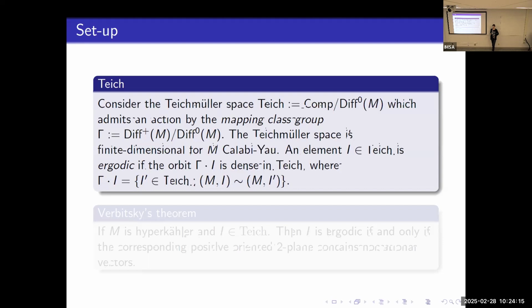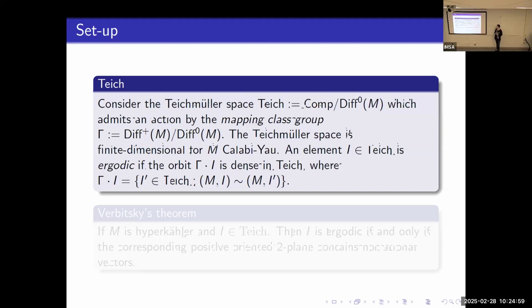For a while, people were trying to do Torelli for marked hyperkahler moduli spaces. However, it works better for the Picard space. For K3 surfaces, it's equivalent, but for higher dimensional hyperkahlers, it's true for the Picard space. So the Picard space is just the space of complex structures, modulo connected components of the diffeomorphism group, and it admits a standard action by the mapping class group.